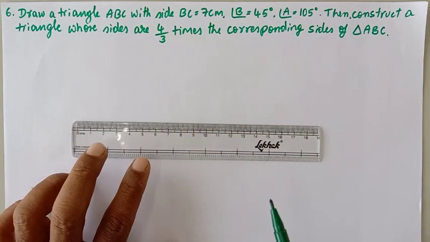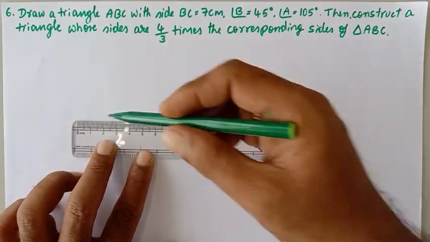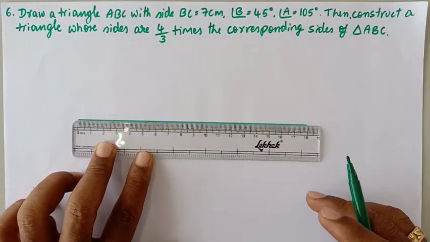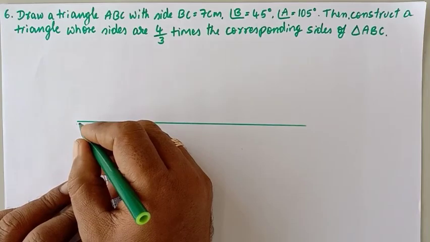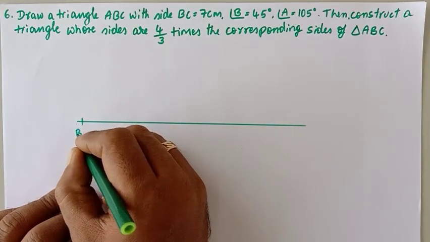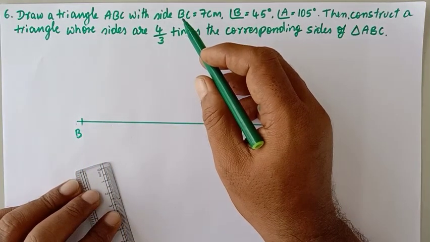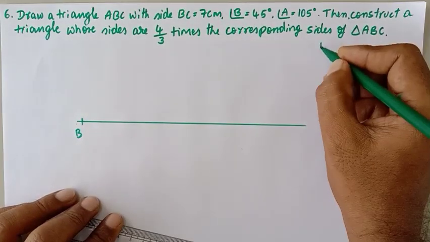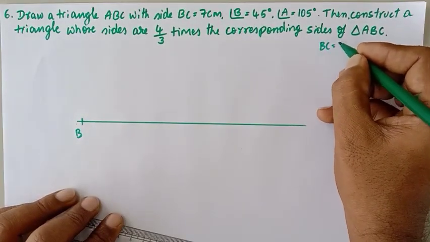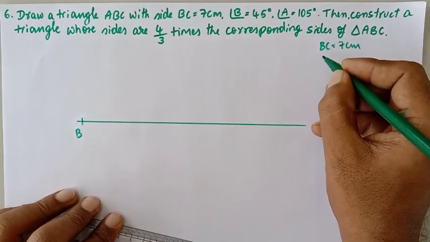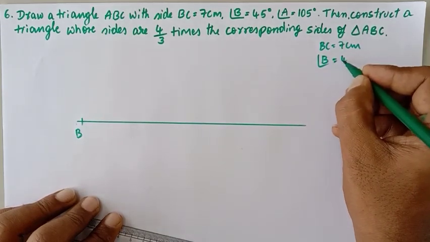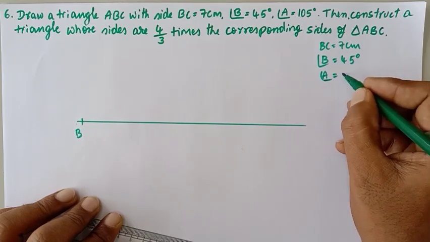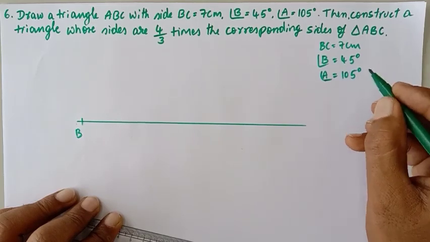Now let me draw a straight line first and mark a point here, B, and BC is equal to 7 centimeter. Angle B is equal to 45 degrees. Angle A is equal to 105 degrees.